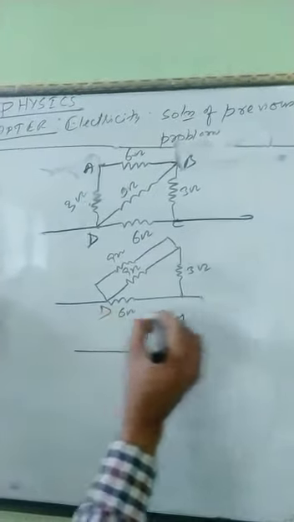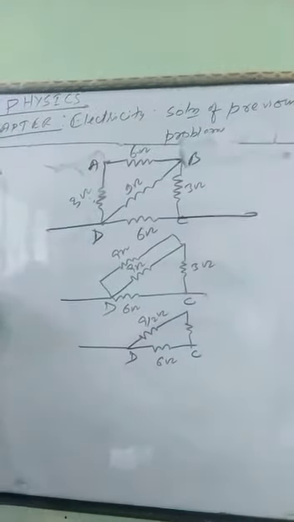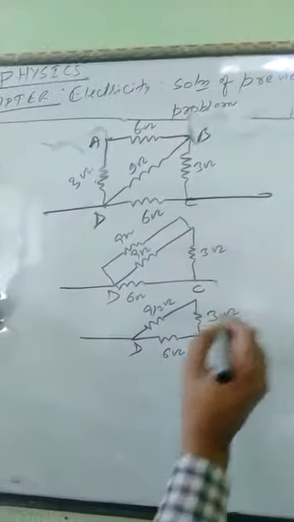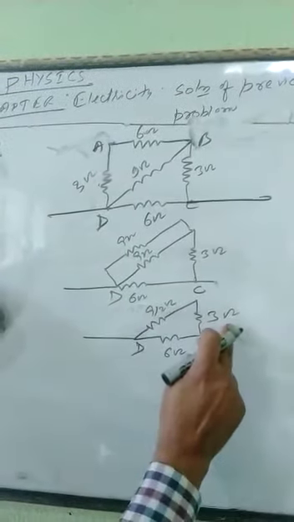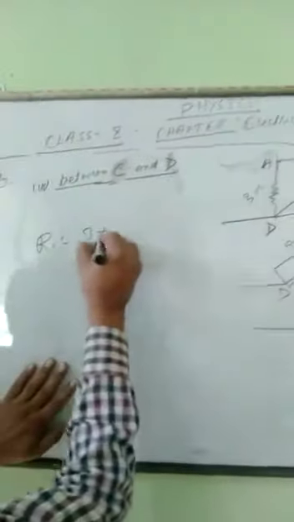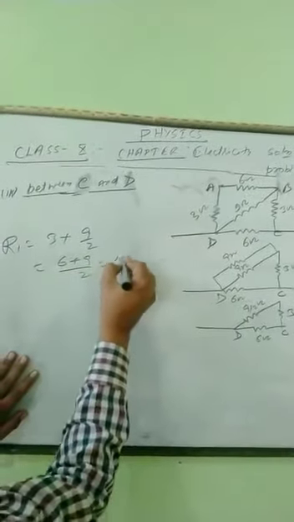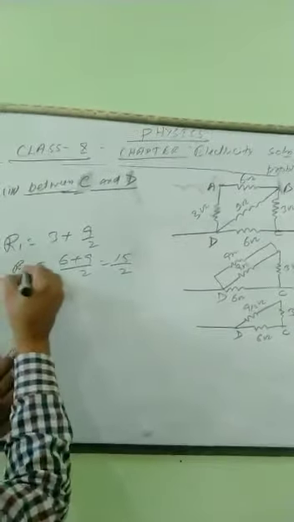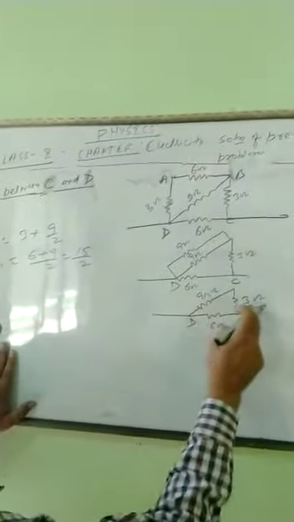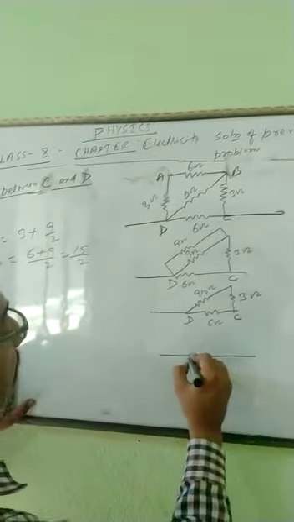This is D and it is C, D and C. And this is 3 ohm. This 9 by 2 and 3, both of these are in series. Therefore, R1 will be equal to 3 plus 9 by 2, 6 plus 9 by 2, 15 by 2. This is the value of R1. And now, if both of these become an equivalent resistance, then your figure will be like this.